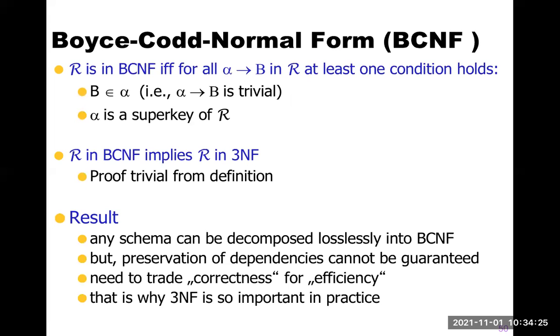The difference between Boyce-Codd and third normal forms is the preservation of dependencies. We don't try to preserve dependencies in Boyce-Codd normal form, and the condition removed from the definition here in comparison with third normal form is essentially about dependency preservation.